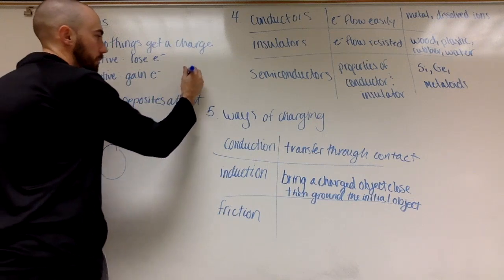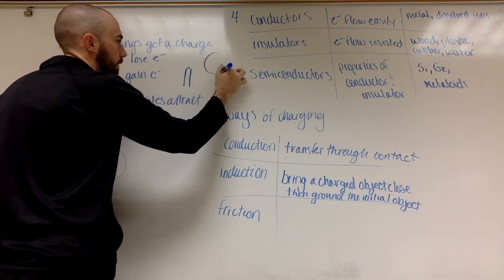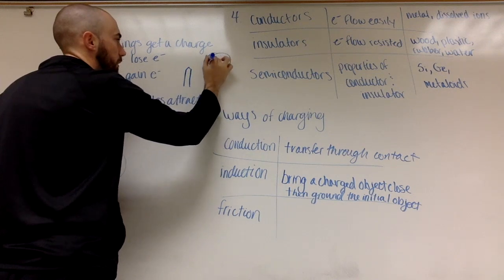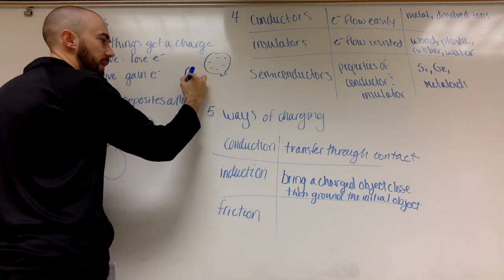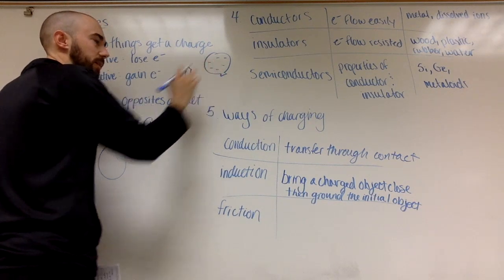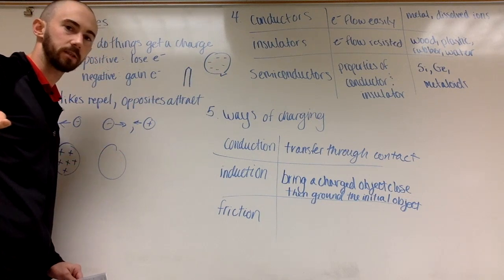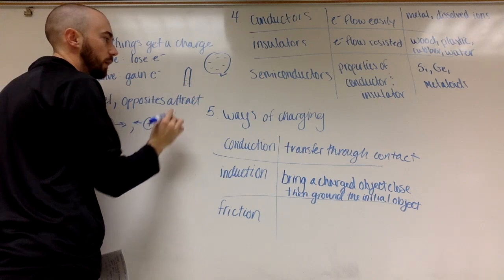Let me draw a quick picture to show you what I'm talking about. Let's say here's my nail. There's my balloon. Let's say my balloon has a bunch of extra negatives on it. It's going to push all the negatives away, because like charges repel. They want to get out of the nail.